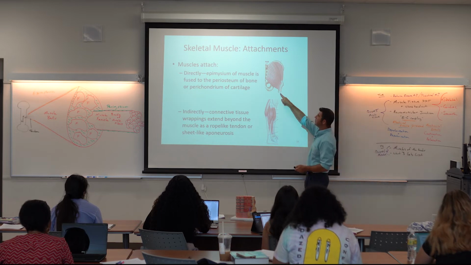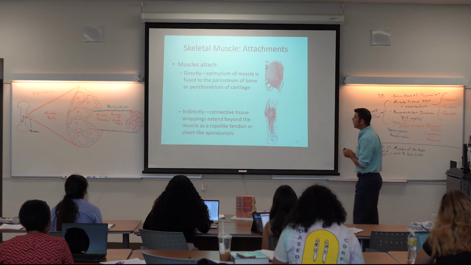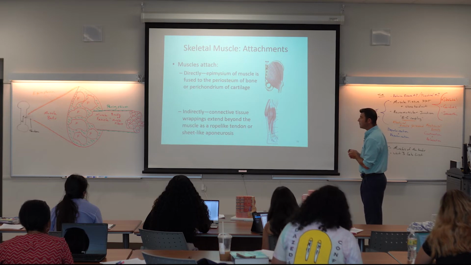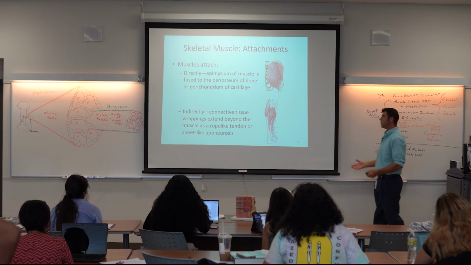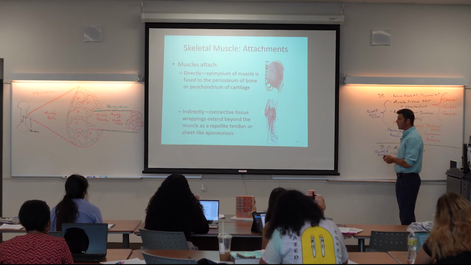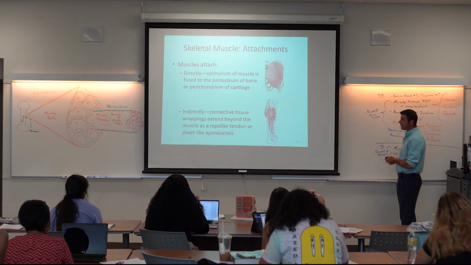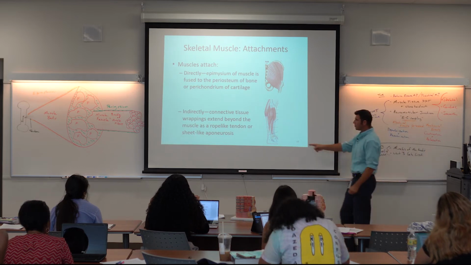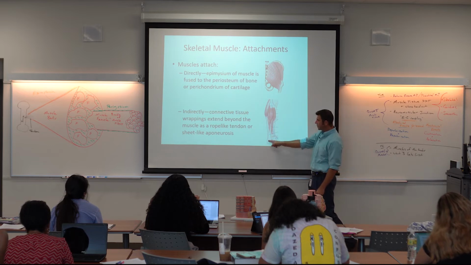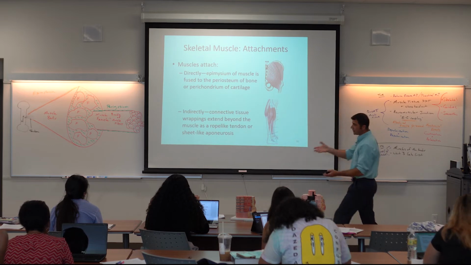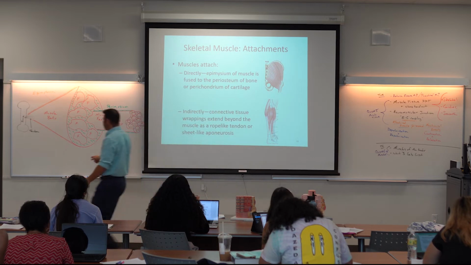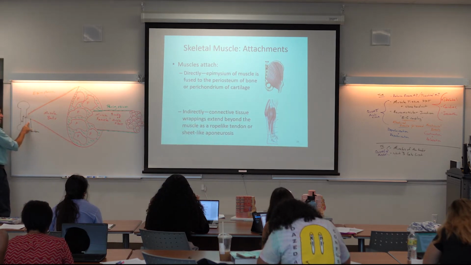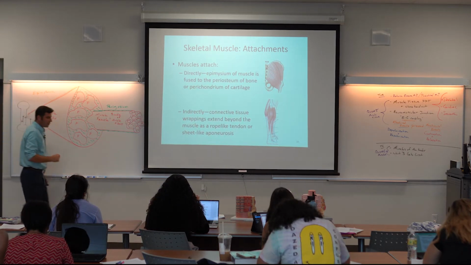That periosteum that grows around the outside of bones, if you have muscle fibers that attach directly to periosteum, it's a direct muscle attachment, as opposed to something like this gastrocnemius muscle. We can see there's a long Achilles tendon where there aren't any direct muscle fascicles that connect to the bone. Instead, those muscle fascicles connect to a tendon. So what I was attempting to draw here is an indirect attachment between the muscle and the bone. There's a tendon in between.